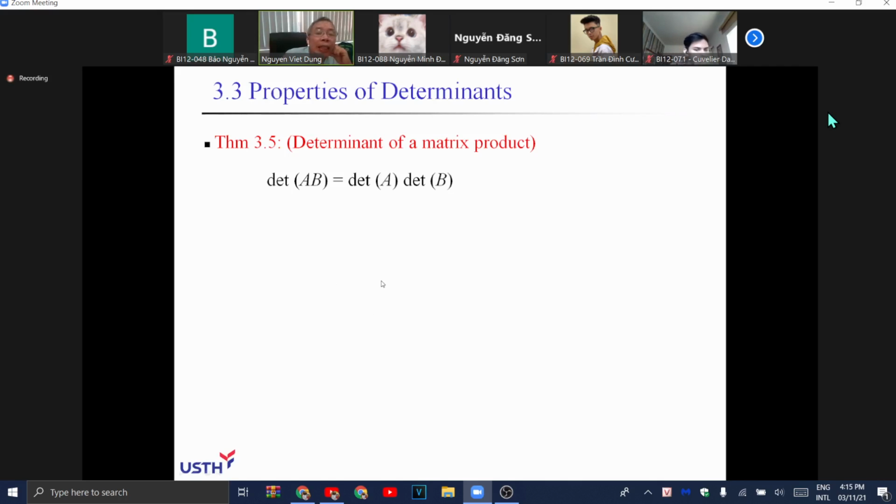The first property says that if we have two square matrices A and B of the same size, same order, then the determinant of the product AB will be the product of the two determinants: determinant of A multiplied by determinant of B. And as I showed you several slides before, in the case where one matrix is elementary E, then we already know the determinant of E multiplied by A equals that.